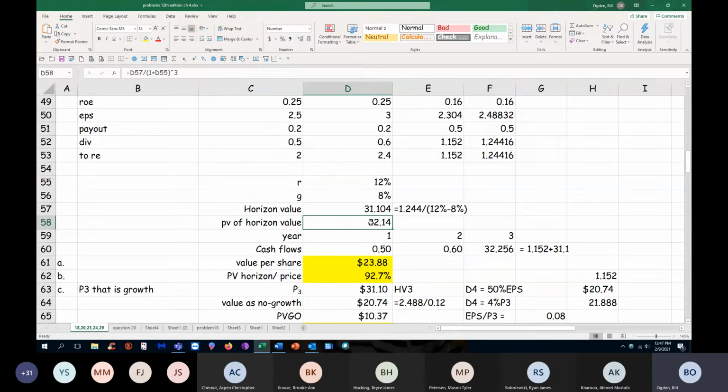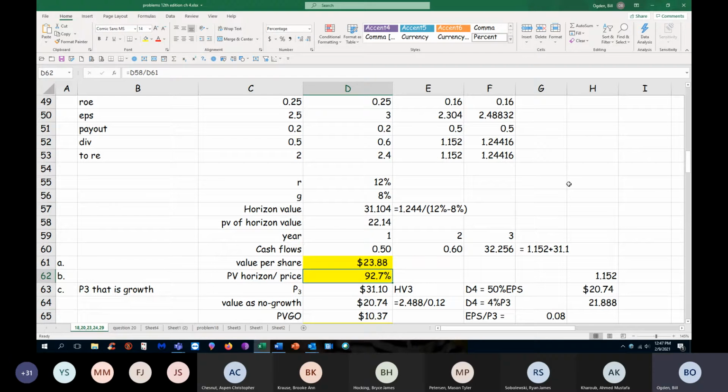And what part of the value of the stock comes from the horizon value? You can see that the share value is 23.88. So what part of this is from the horizon value? Well, it's 22.14. That's about 93%.